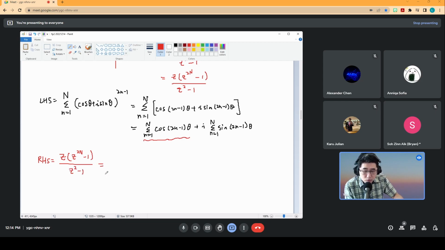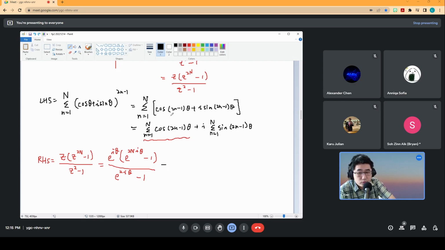To write the real component, maybe I need to do e^(i theta): e^(2n i theta) minus 1 over e^(2i theta) minus 1. The bottom is complex, so we need to rationalize it.